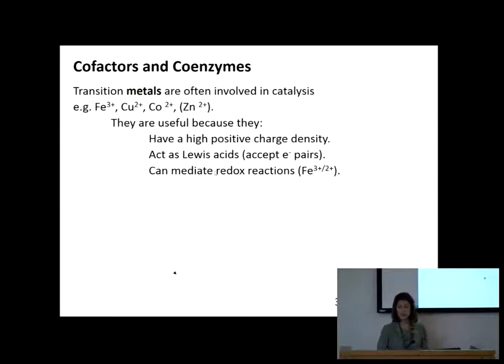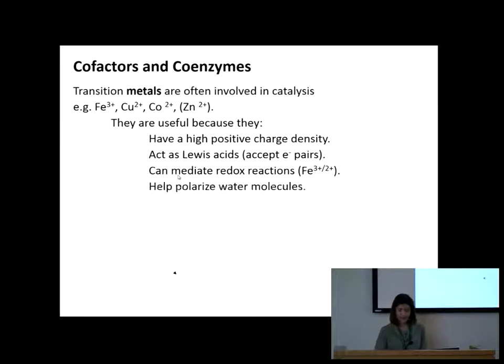So we can use these to mediate redox reactions, and we're going to see this quite a bit, where if iron is oxidized, it's iron 3. If it's reduced, accepting an electron, it's iron 2. And it goes back and forth, back and forth. These cofactors will pick up electrons by being reduced and then give them away by being oxidized. So we're going to spend a lot of time talking about this.